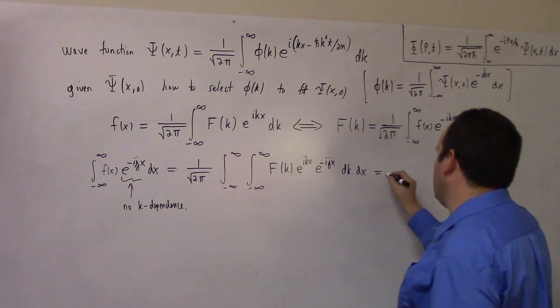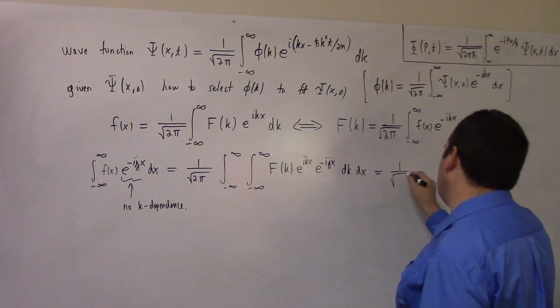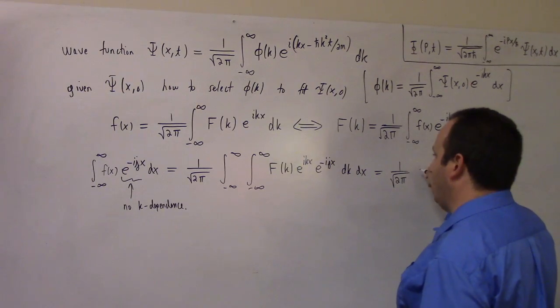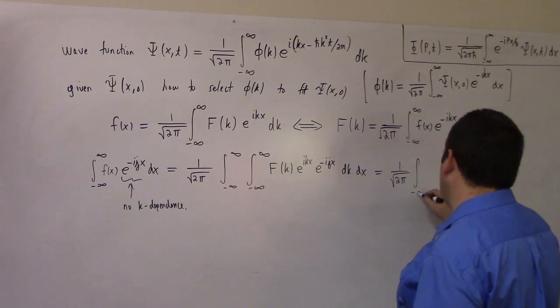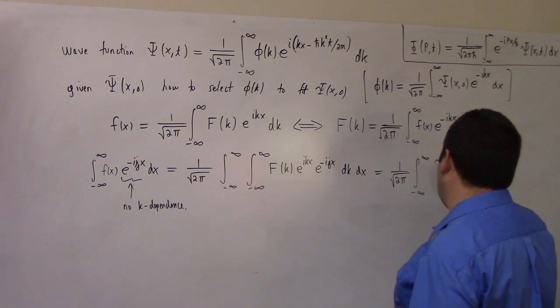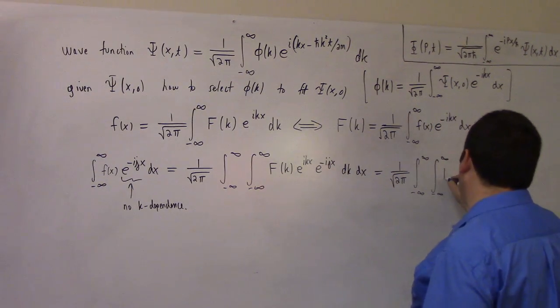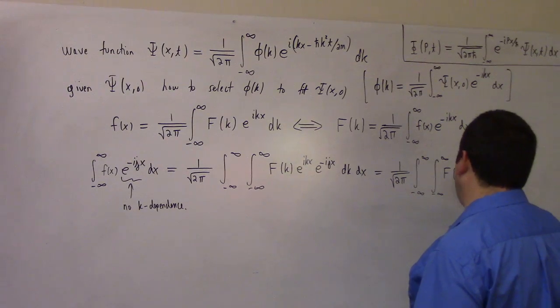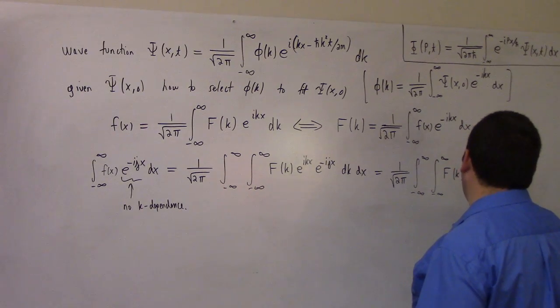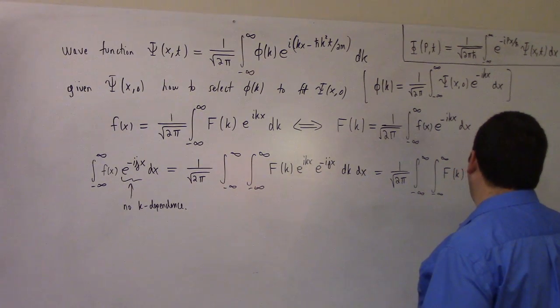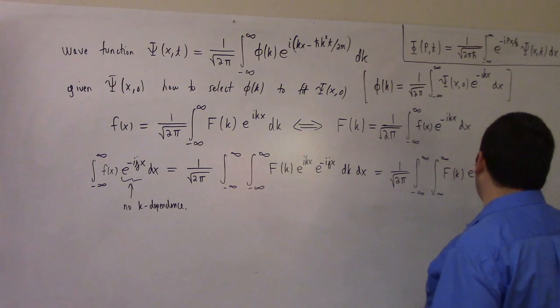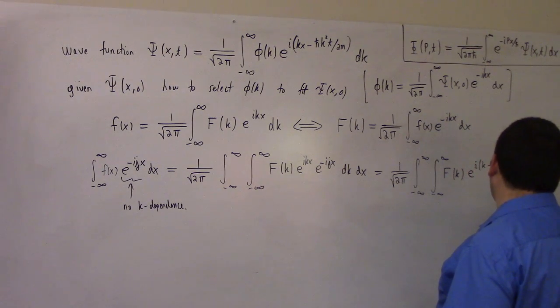So that is 1 over the square root of 2 pi, integral from minus infinity to infinity, integral from minus infinity to infinity, f of k, e to the i times k minus j, x, dk dx.